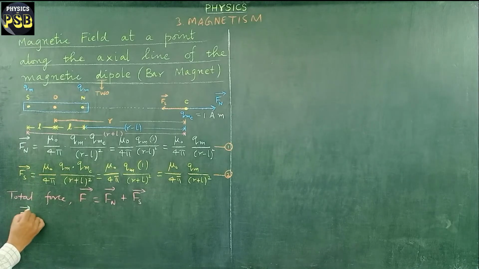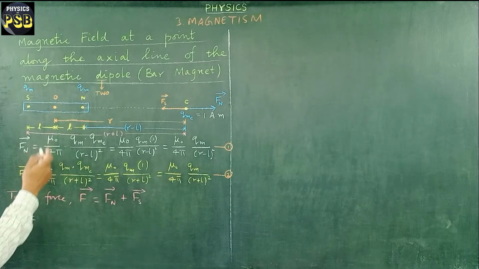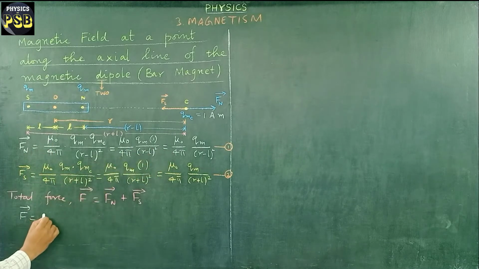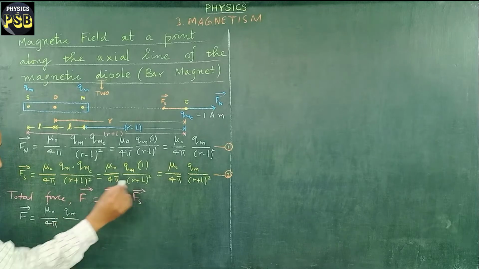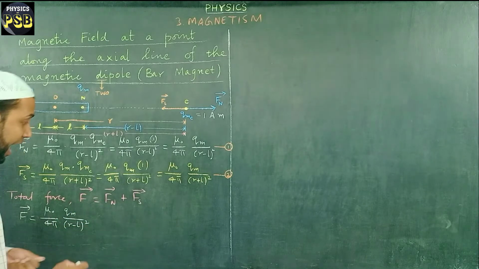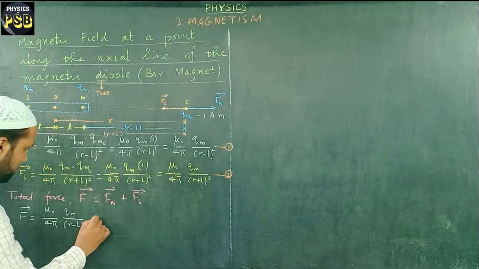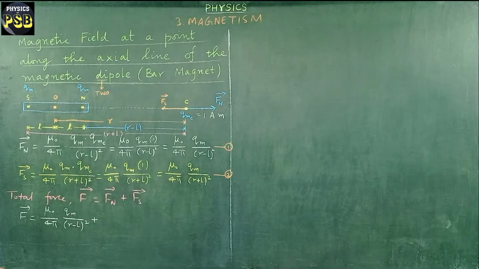So F vector is equal to, what is this? The final expression, mu naught upon 4 pi QM divided by R minus L whole square. It is added with this force.